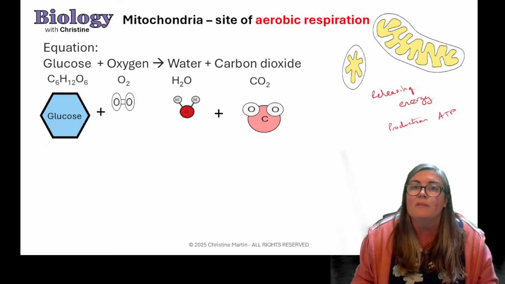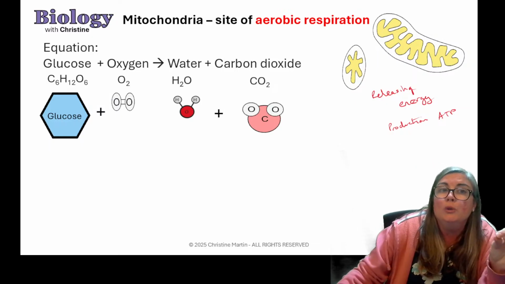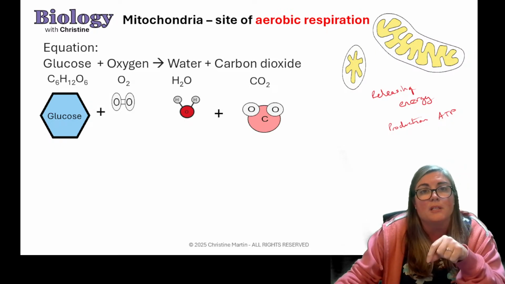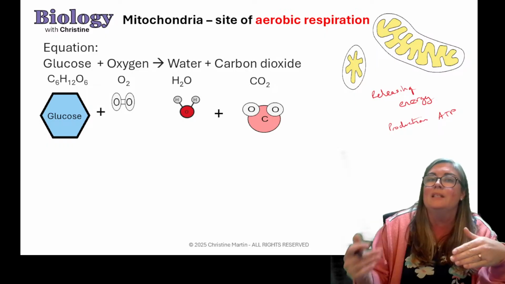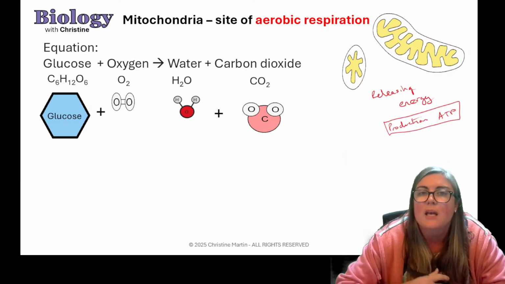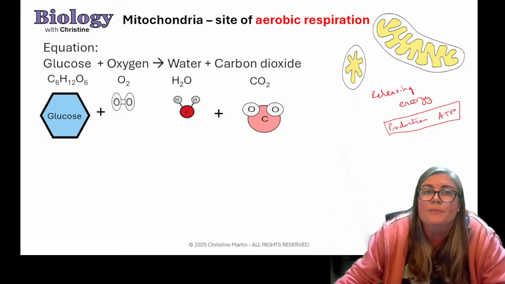So you need to be very, very careful that what you are actually saying is that glucose and oxygen are converted into water and carbon dioxide, and this releases energy. That production of ATP molecules is for when you go on to A level. So just be very aware of that.